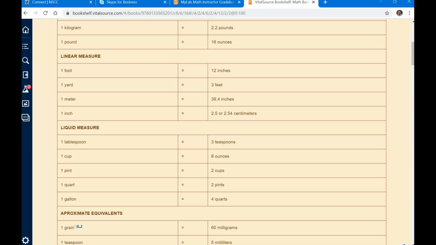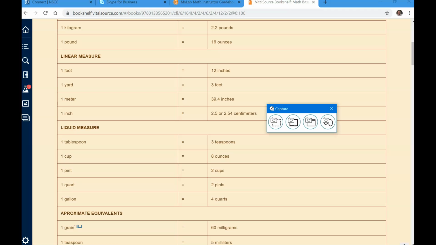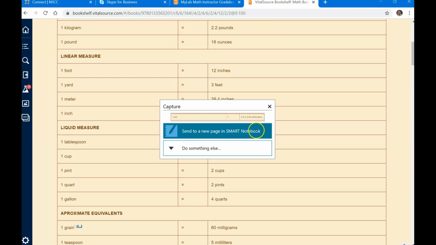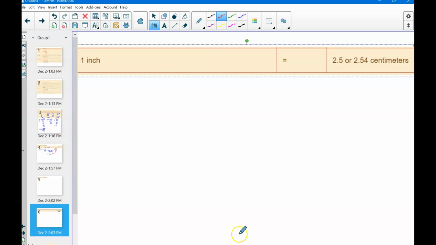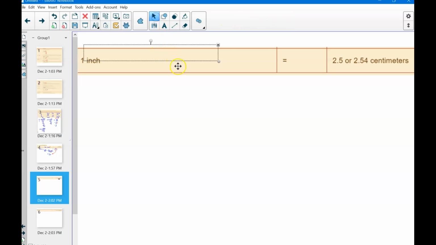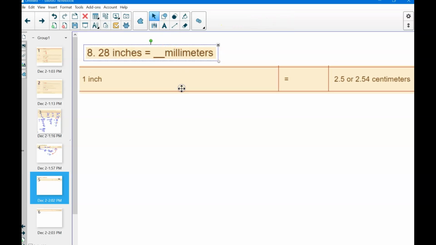Well, let's look at this one here. 1 inch is 2.54 centimeters. Is there a connection between centimeters and millimeters?